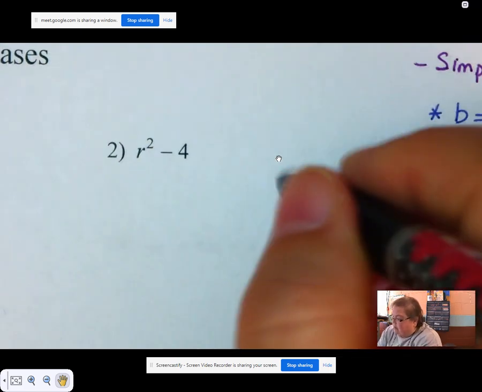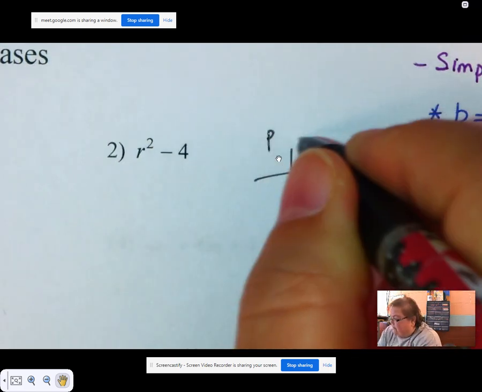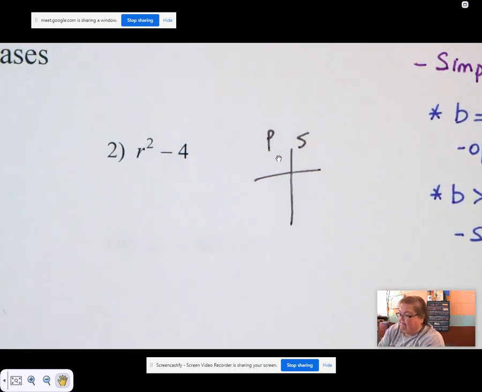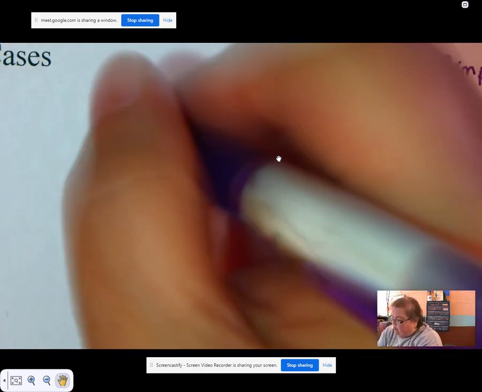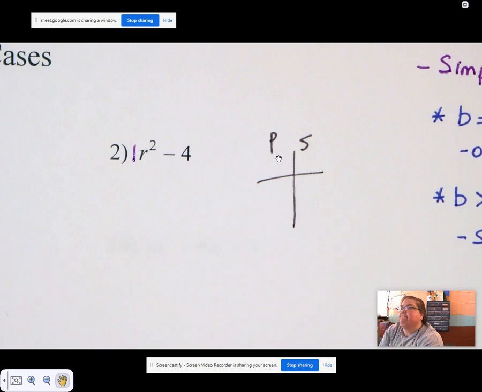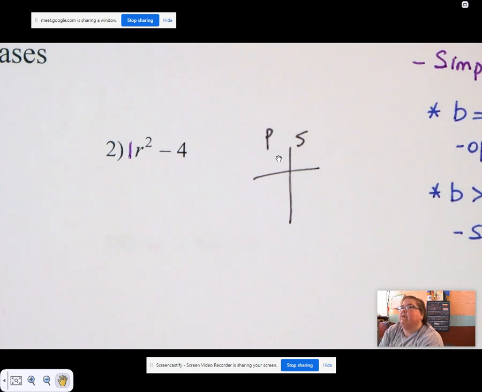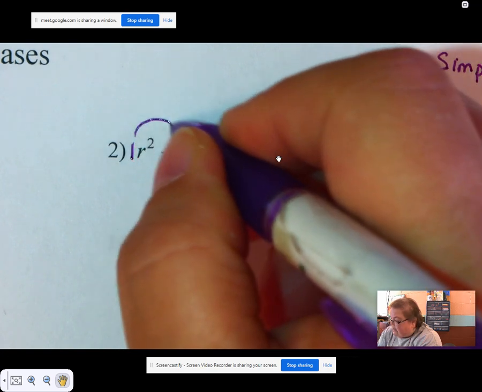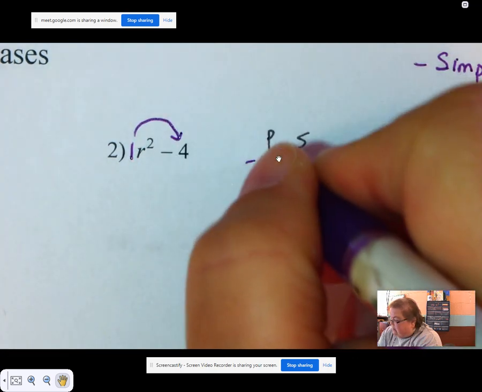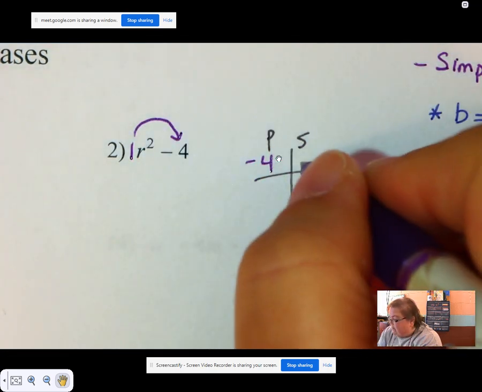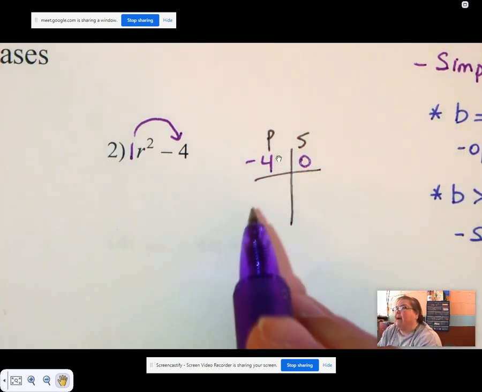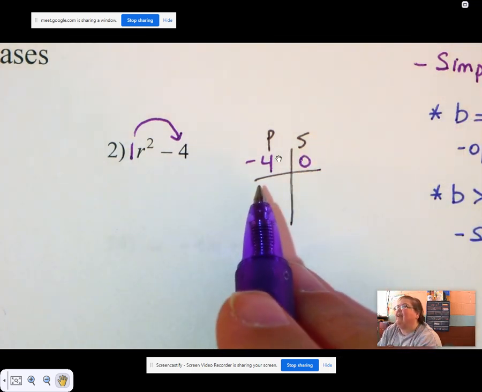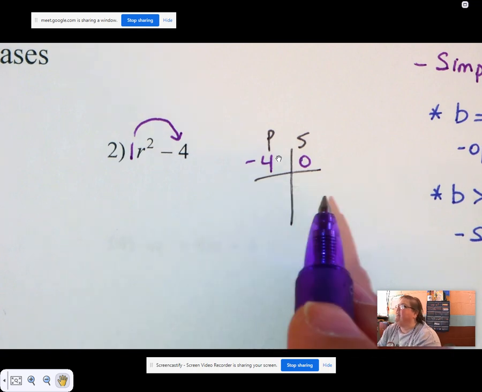All right. Product sum. I'm going to put a 1 here to work with it. What is 1 times negative 4? What's my sum? What can I multiply together to get negative 4? When I add them, I get 0.